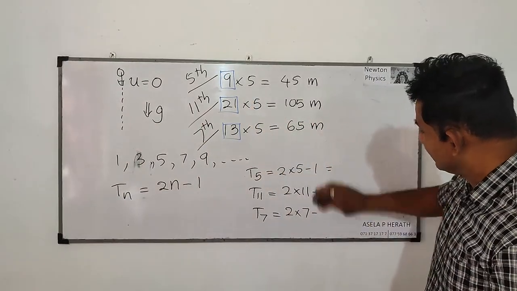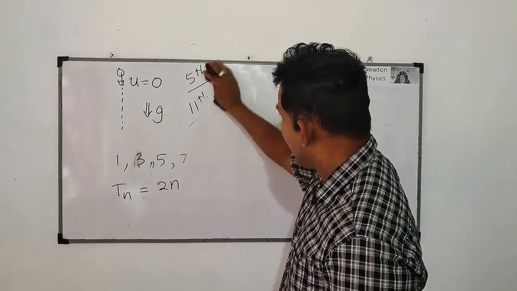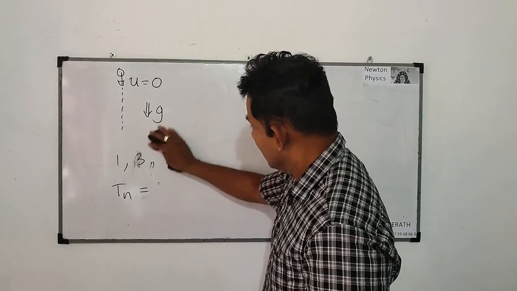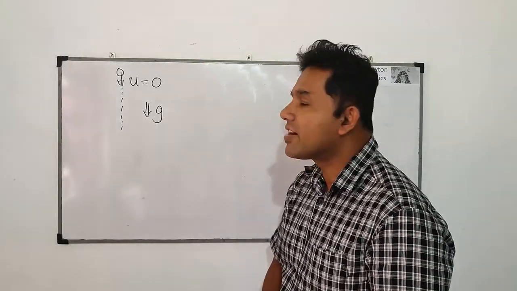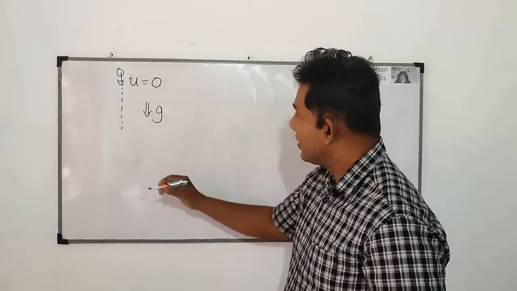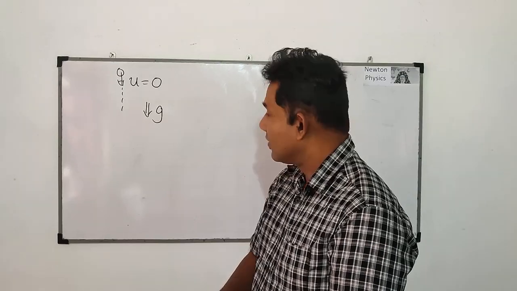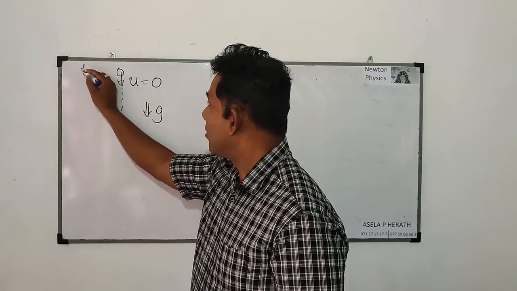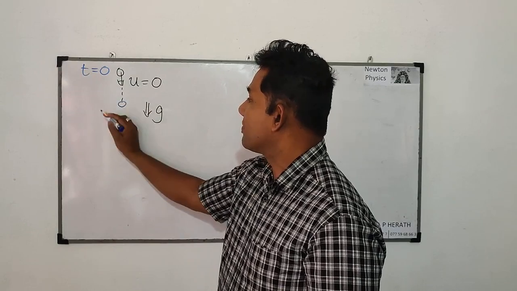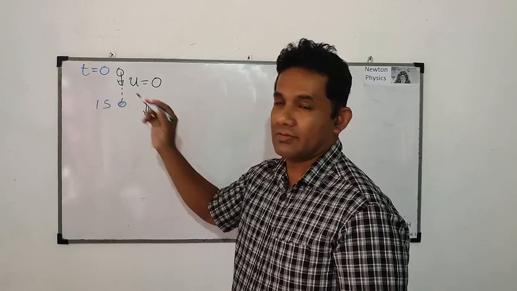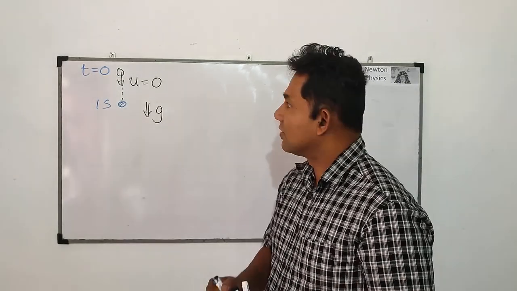Now think about an object that I drop freely to move under gravity. Think that I am releasing it when the time is 0, and after a second, the time becomes 1 second. Think about the distance fallen here.